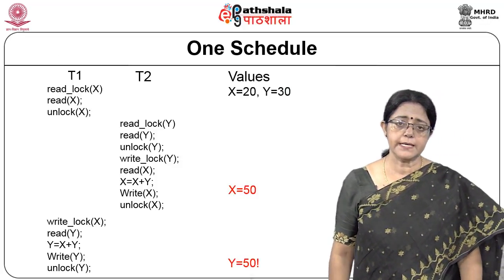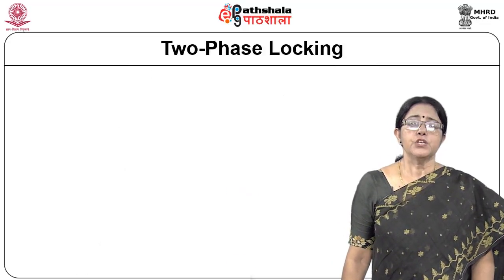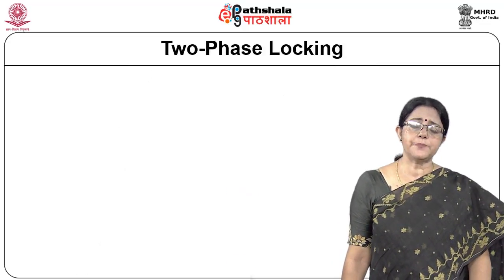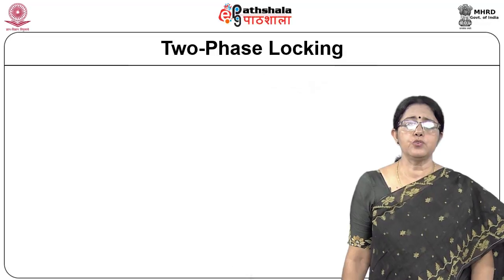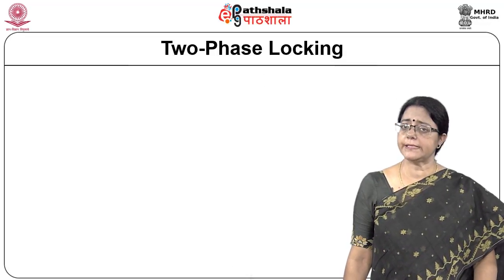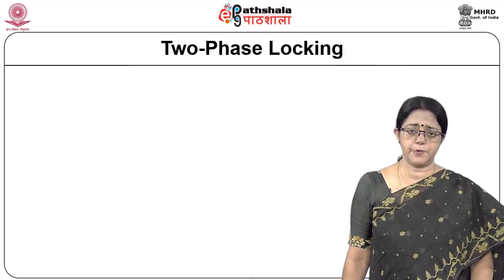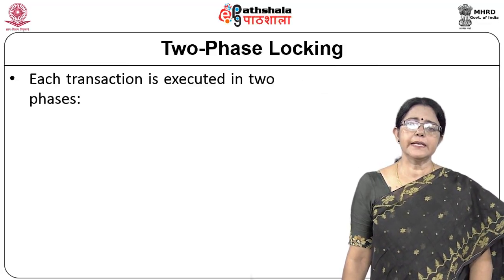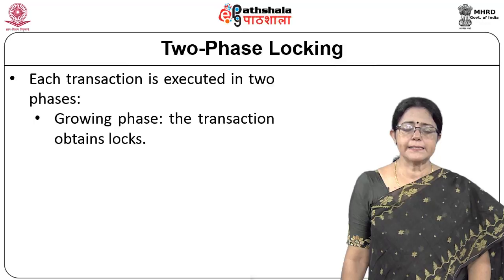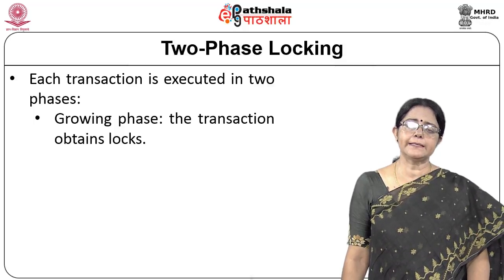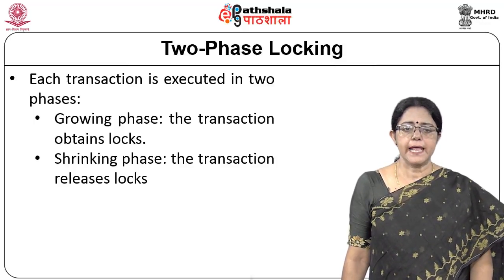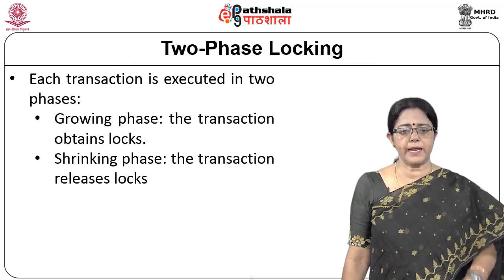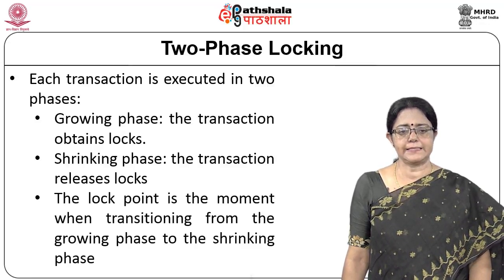So, to avoid this problem, we use the two-phase locking protocol, which does not let this problem happen in locking. Each transaction is executed in two phases. One is the growing phase, where the transaction will obtain the locks, and the other is the shrinking phase, when the transaction will release the locks.